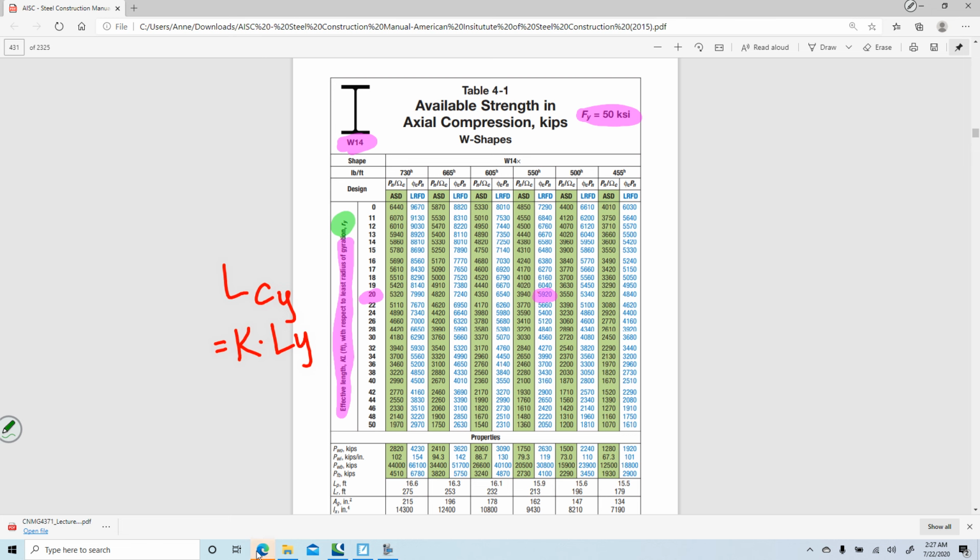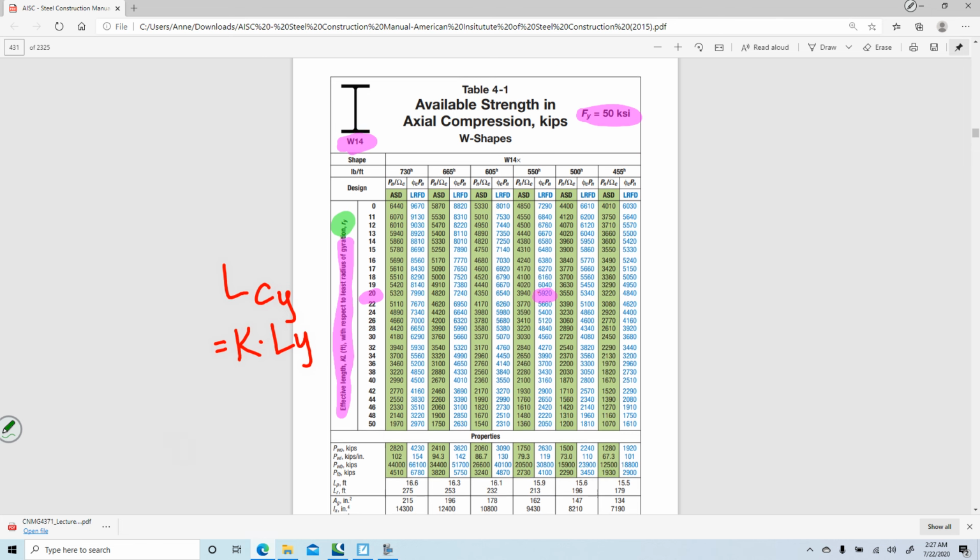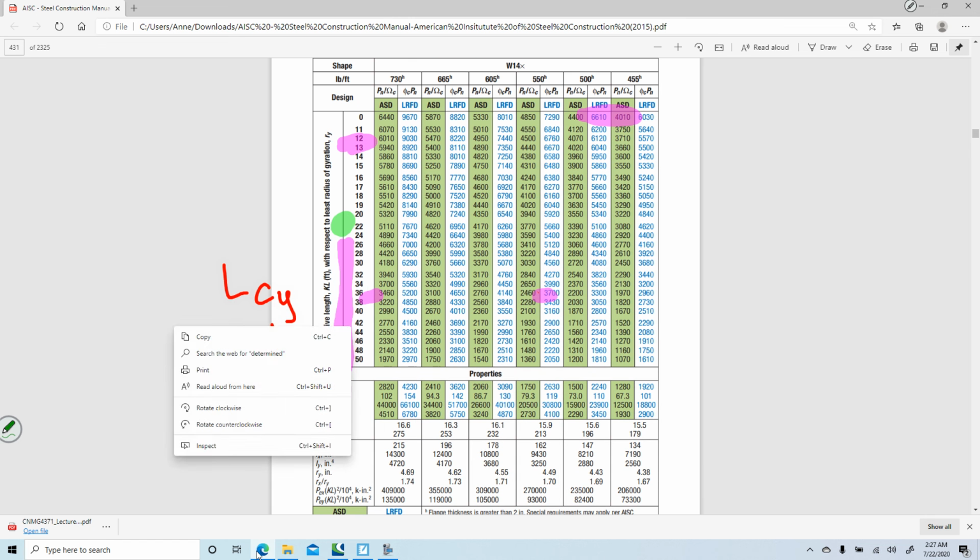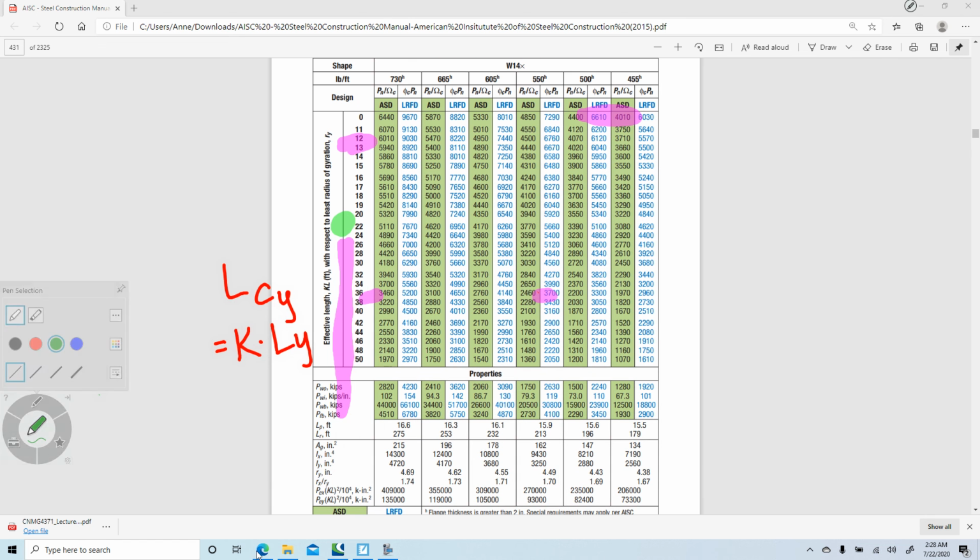Right, if we look down here, this effective length right here is only the least radius of gyration.